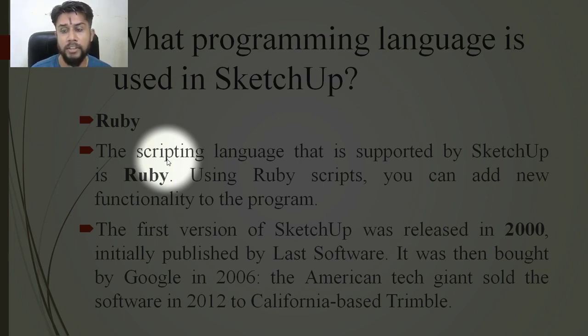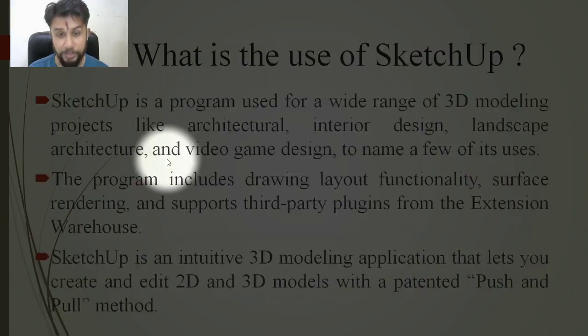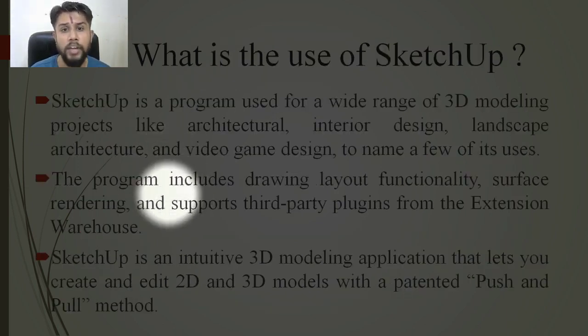SketchUp was first released in the year 2000 and initially published by Last Software, but afterward in 2006 it was bought by Google, and in 2012 Google sold it to the California-based company Trimble Incorporated. SketchUp is a program which is used for a wide range of 3D modeling projects for architectural, interior design, landscape architecture, and video game design.